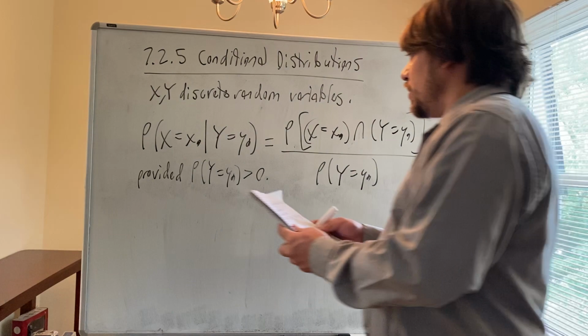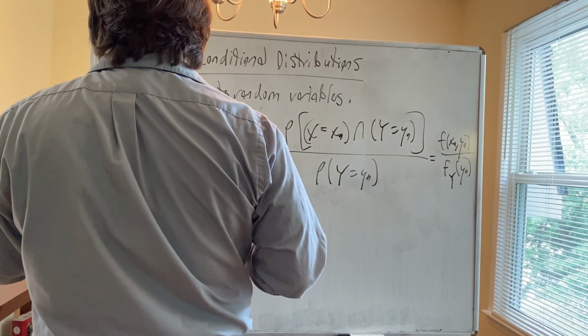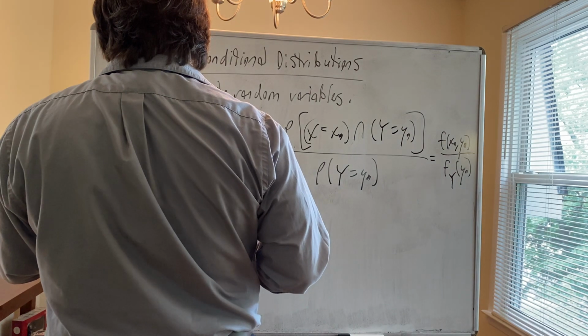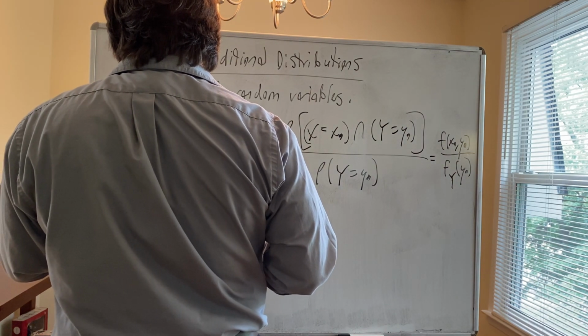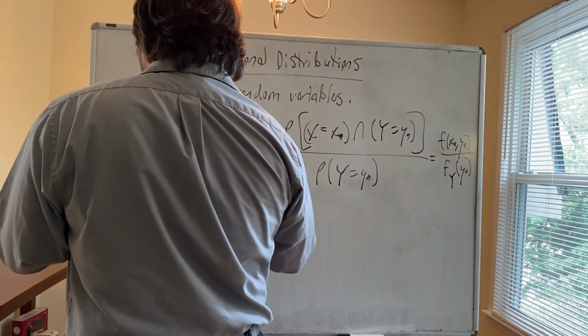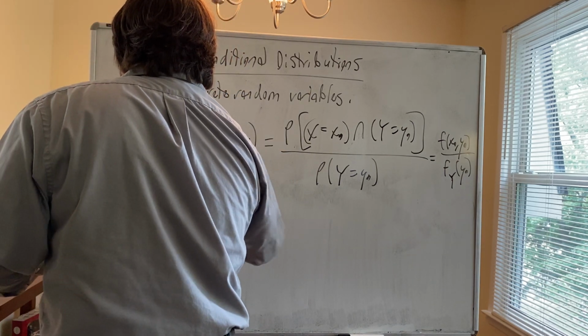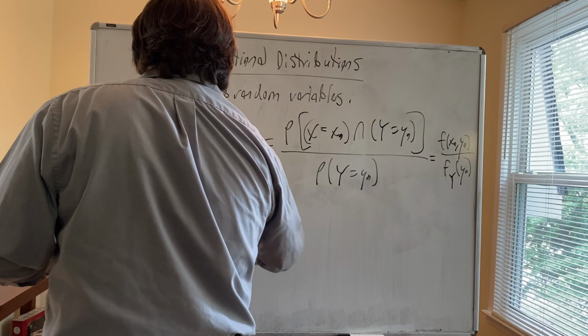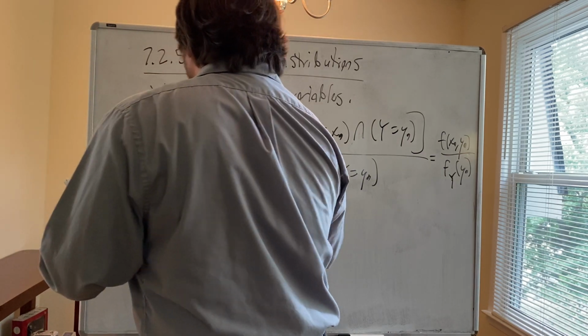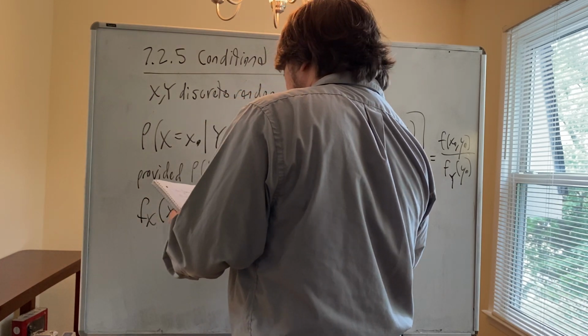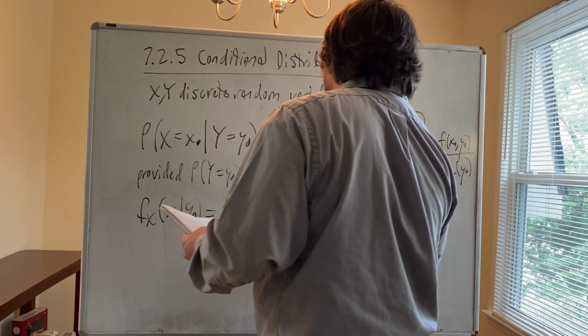Okay, and also, f sub capital X of x given y naught is equal to the probability capital X equals little x given that capital Y equals y naught.